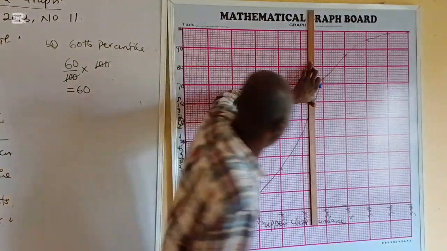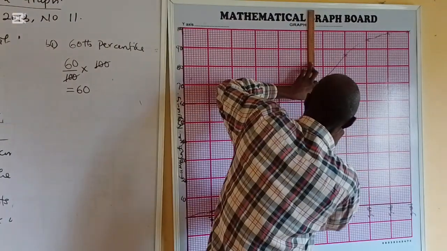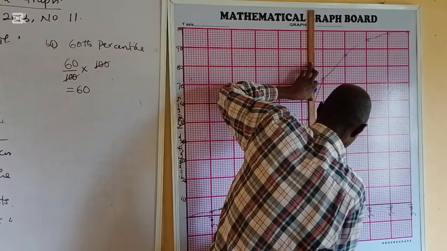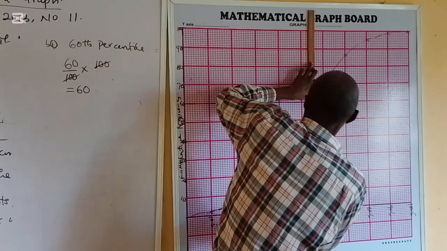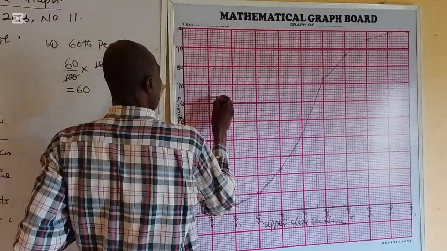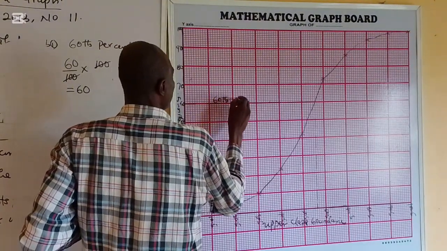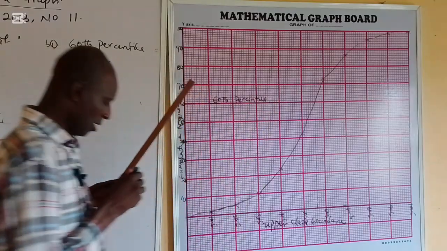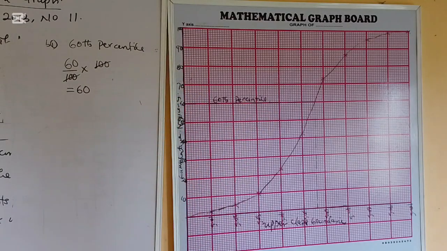Are you seeing me? Now, broken line. Yes, it touches here. So you now write up here 60th percentile. So the question is, where is that mark?